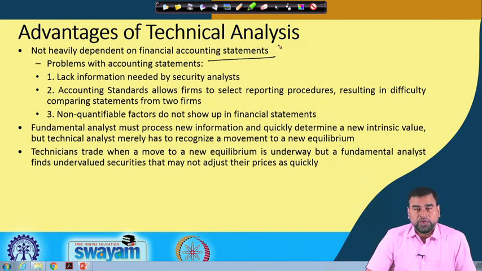So whenever the reporting procedure changes, the analyst or investor may not get the information they need when they invest in that stock or financial asset. Therefore, we do not face such hassles whenever we go for technical analysis.